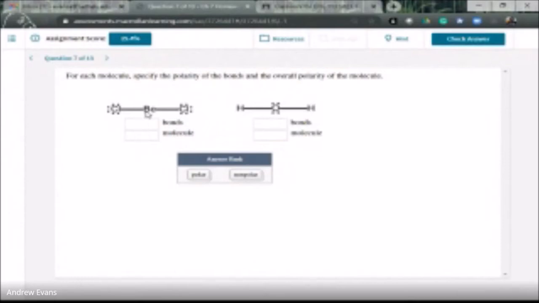So you've got to draw the actual Lewis structure, draw the actual VSEPR model, and then ask, do the two chlorines cancel out? Do the two hydrogens cancel out? So you actually have to look at that. Now I'm going to skip that, but that's essentially more of the same. That one, hypothetically, you should be able to get.